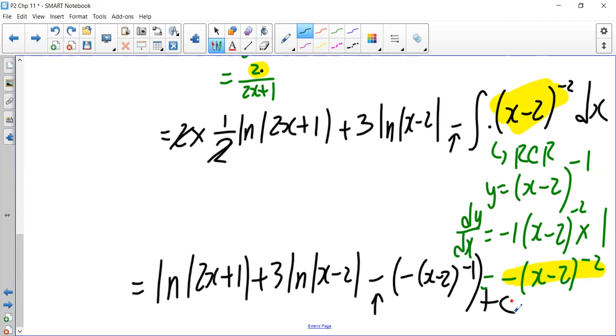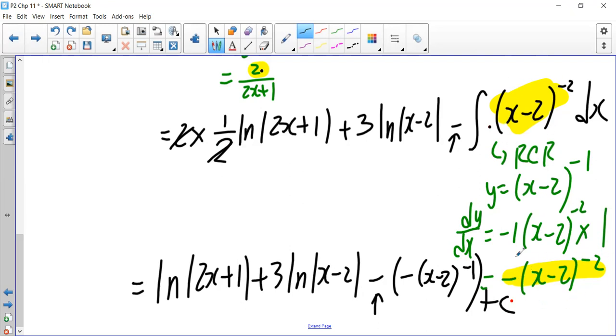Right? So I'll explain again. The last part is probably confusing. This is just a reverse chain rule question. In order to differentiate and give a power of minus 2, we'll be thinking about a power of minus 1, because power of minus 1 will differentiate to power of minus 2. So that's normal reverse chain rule. Then you compare this algebra term with what's in the question.